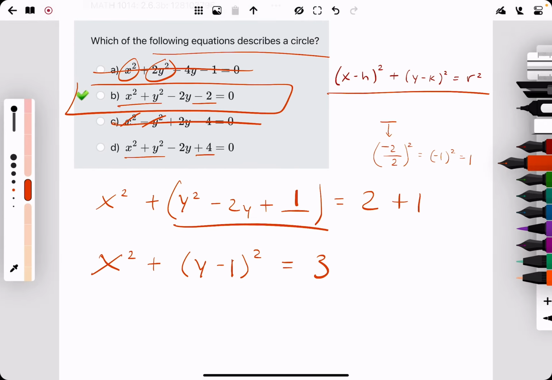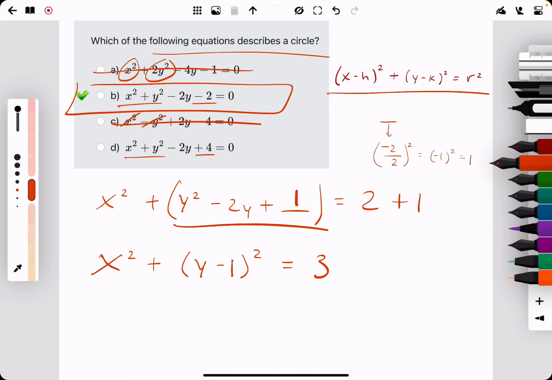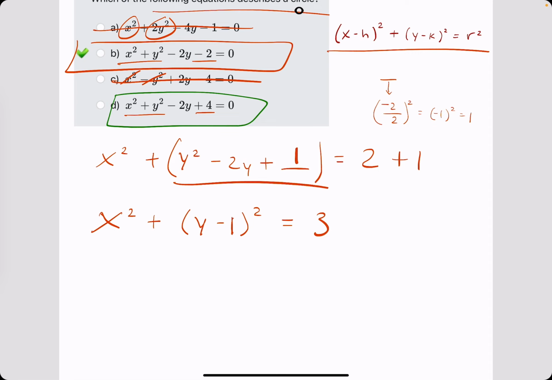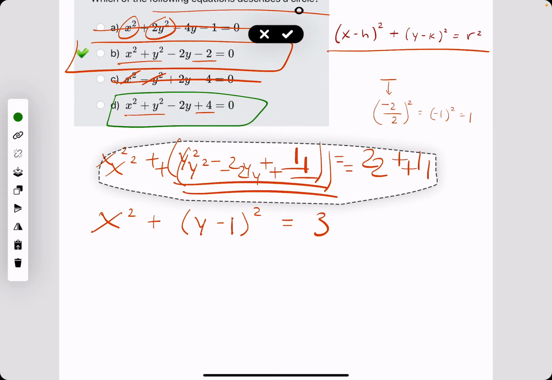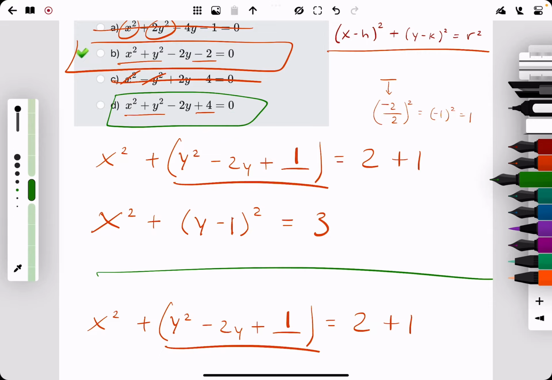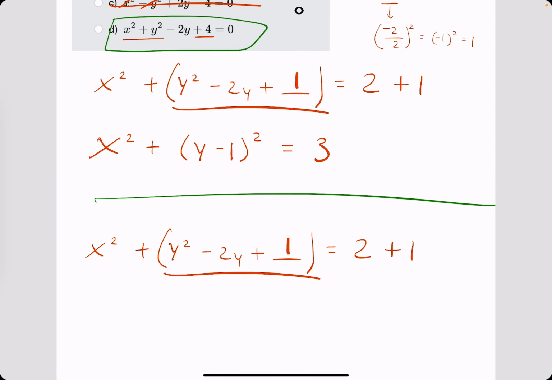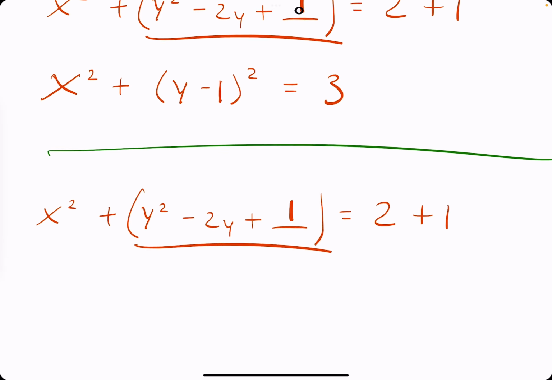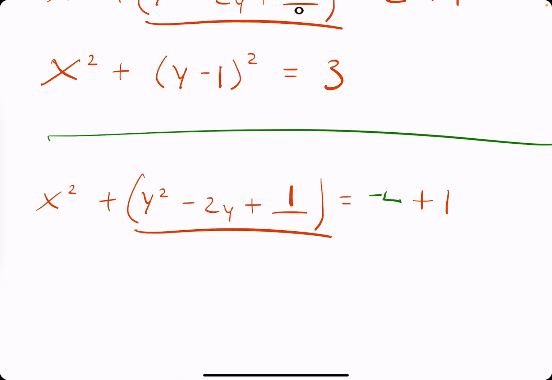And then let's talk about why the other one would not have worked out. The only difference is we would have started off with this equation. Instead of adding this 2 over to get +2, we would have started by subtracting 4 to get -4 on this side.